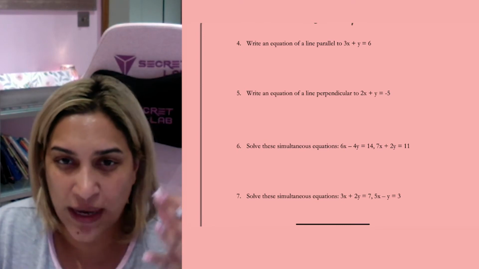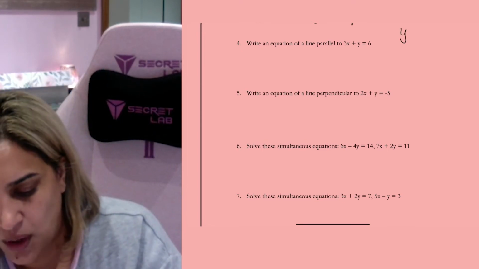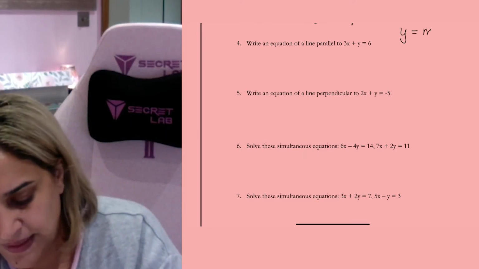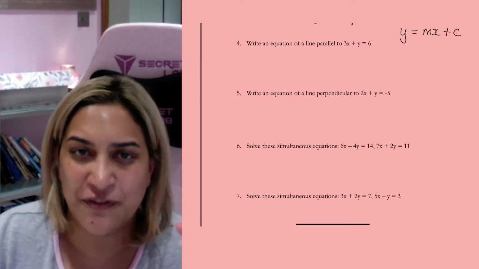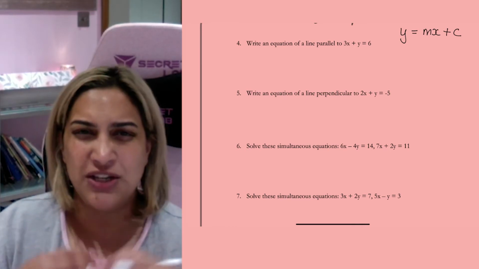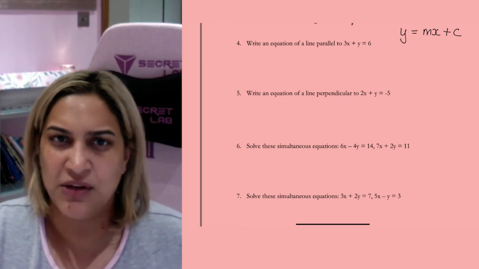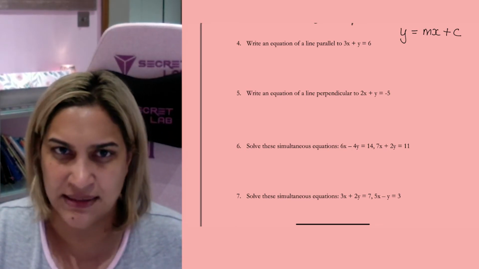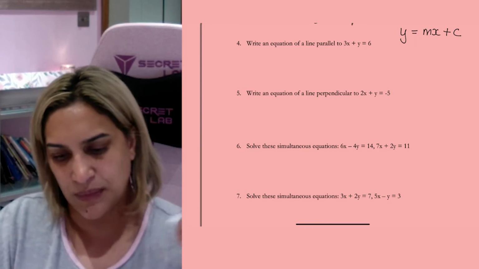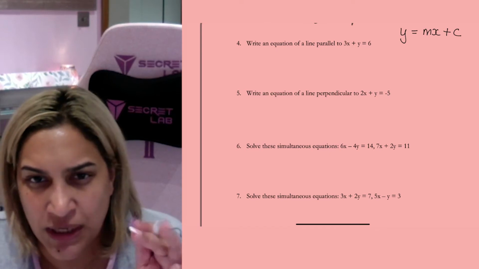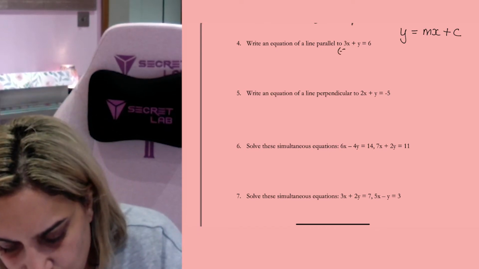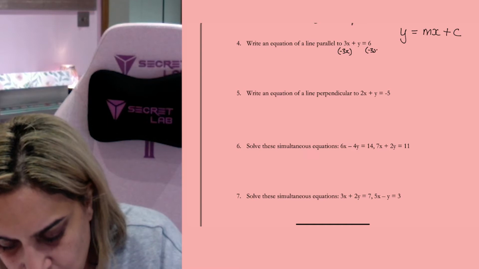Right, now an equation of the line is always y equals something x plus c. So if it's not in that form, you know you need to change something in order to make it look like that. So let's think about what we might need to change. At the moment, we want to get y equals. So we're going to move this 3x onto the other side.